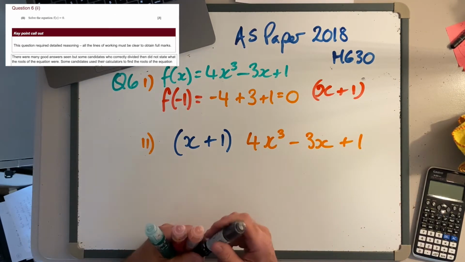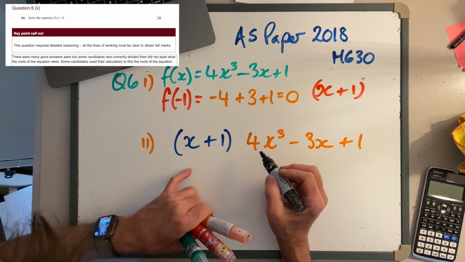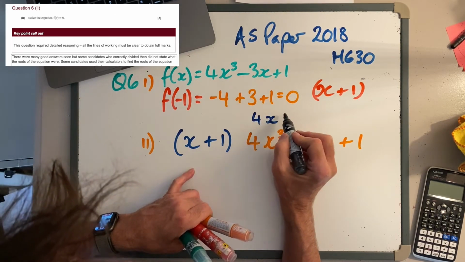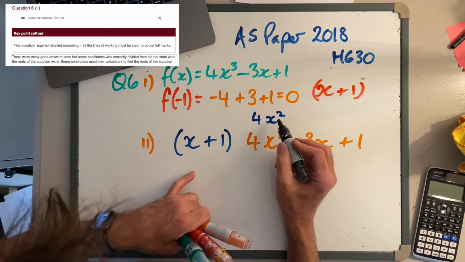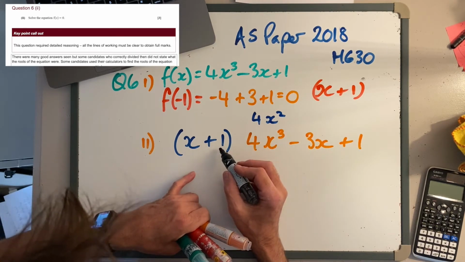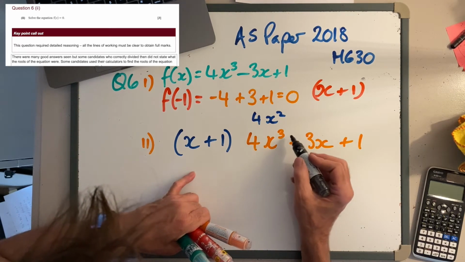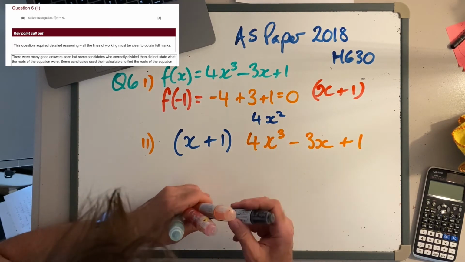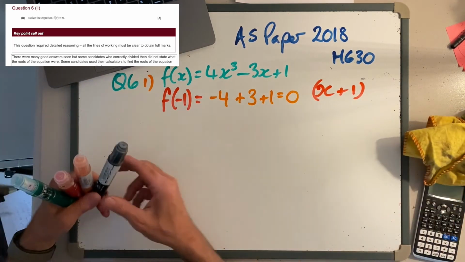Let's just see. I need here a 4x squared to make that. Okay, but I then also have a 4x squared here, and I want a 0x squared here. You see, this is really powerful. Let me redo this again, because I think I'm onto something here.